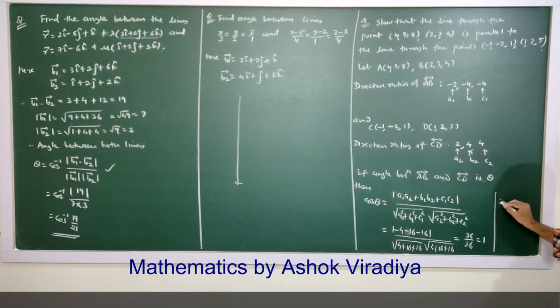Cos theta is 1, so theta is 0. Therefore theta is 0 degree. That means lines are parallel. Therefore line EB is parallel to line CD. See, this is one method.